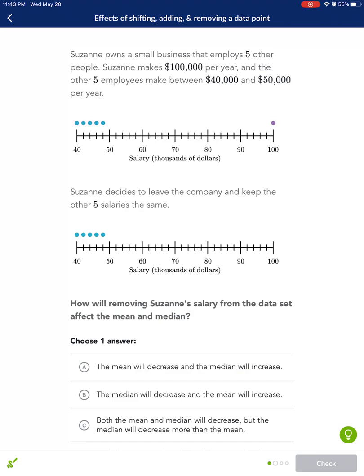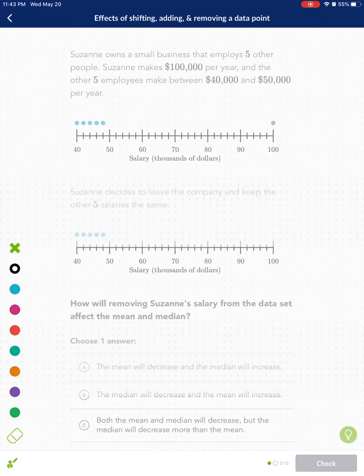How will removing Suzanne's salary from the data set affect the mean and median? Well, look at this. Oops, let me draw. This is huge, right? Let me erase that. That is an outlier. That's going to pull the average up here somewhere, right?